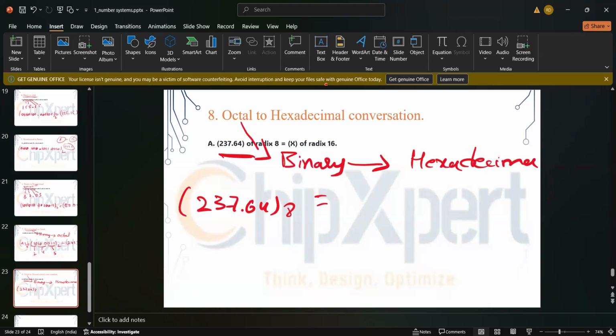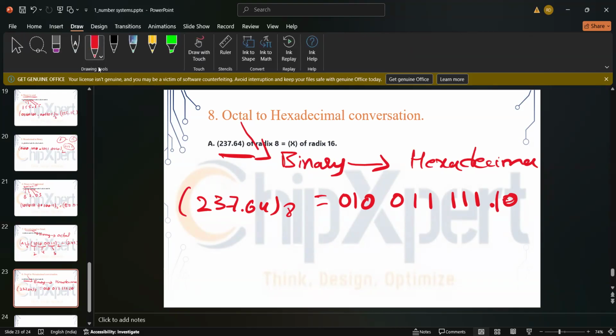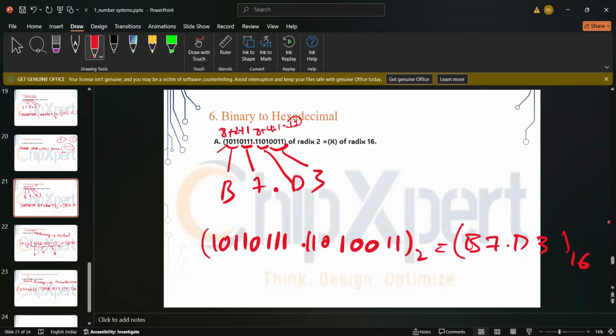What was the representation of 2? 010, and representation of 3 is 011, and representation of 7 is 111, point, and representation of 6 is 110, and representation of 4 is 100.